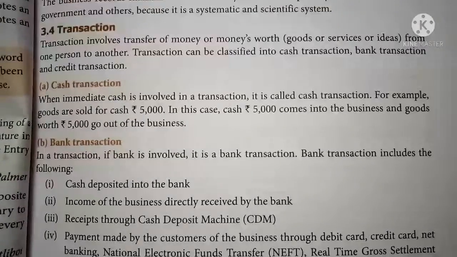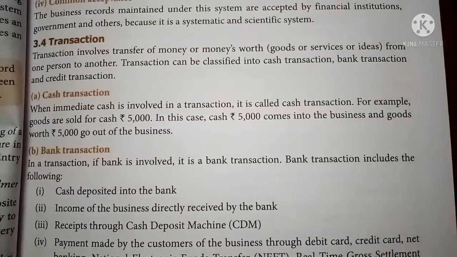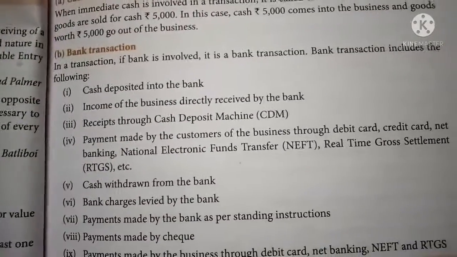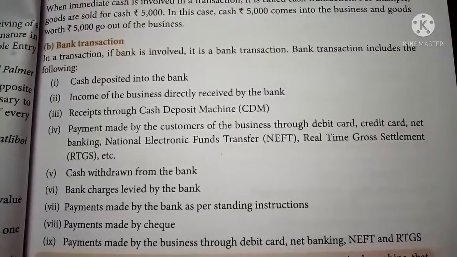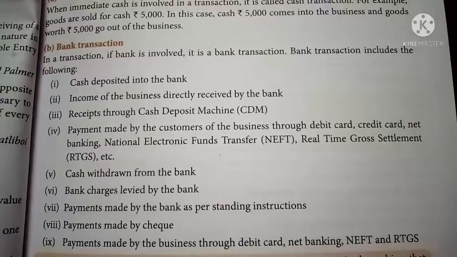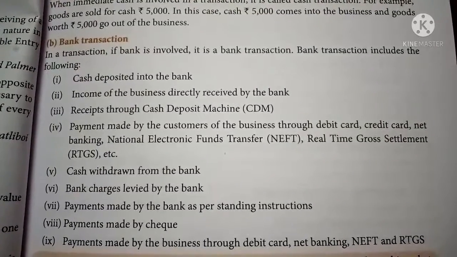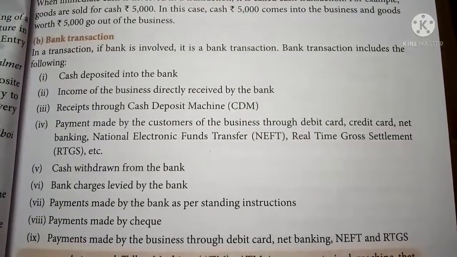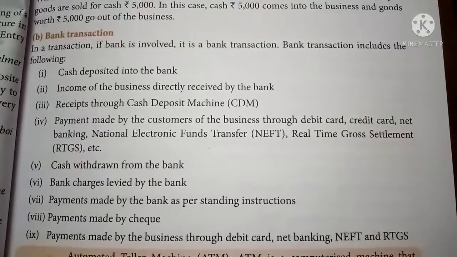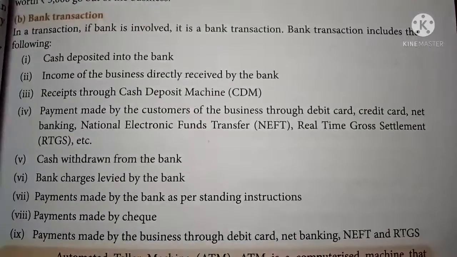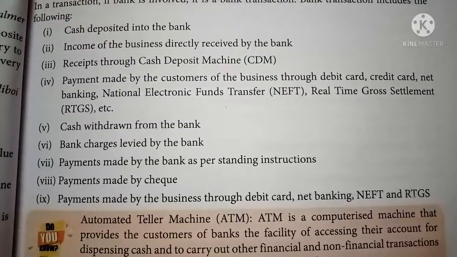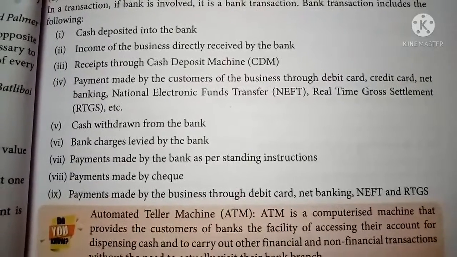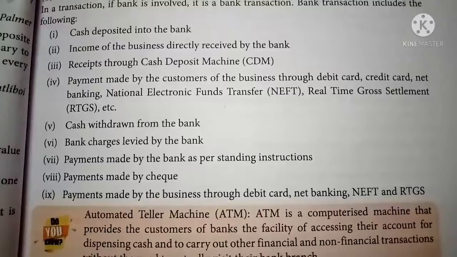Bank transaction. In a transaction, if a bank is involved, it is a bank transaction. Bank transactions include cash deposit to bank, income of the business directly received by the bank or through a cash deposit machine, payment made by the customer of the business through debit card, credit card or net banking, cash withdrawal from bank, bank charges levied by the bank, payment made by the bank as per standing instructions, payment made by cheque, and payment made by the business through debit card, net banking, NEFT or RTGS.